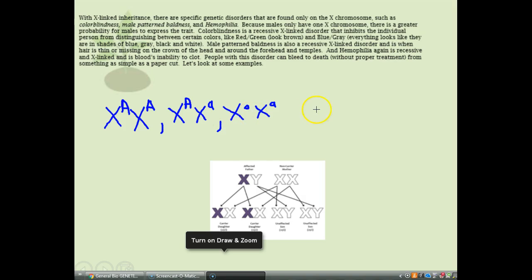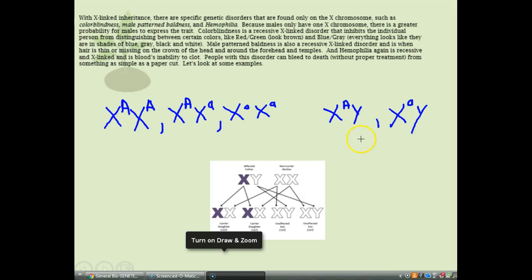Males, on the other hand, only have that one X chromosome, as we've seen here, so they can only have one dominant allele and that Y chromosome, or they could have a recessive allele and that Y chromosome.